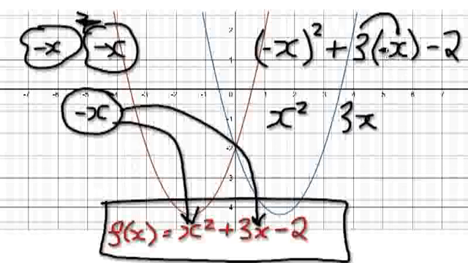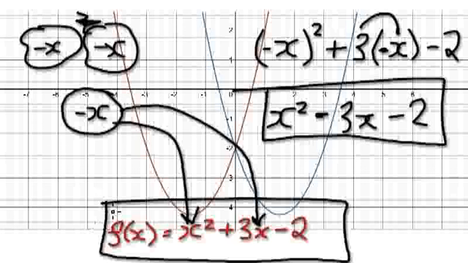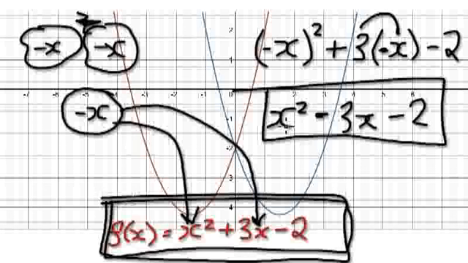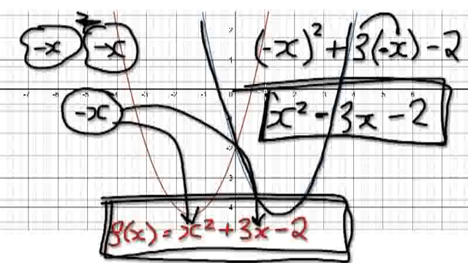But then you've got this negative here, so that would be negative 3x here, and then this is negative 2. So the equation of this blue line here is given by this. So starting from this, you can actually come up with an equation for the reflection of this. Okay, so the equation of the blue line is given by this here.